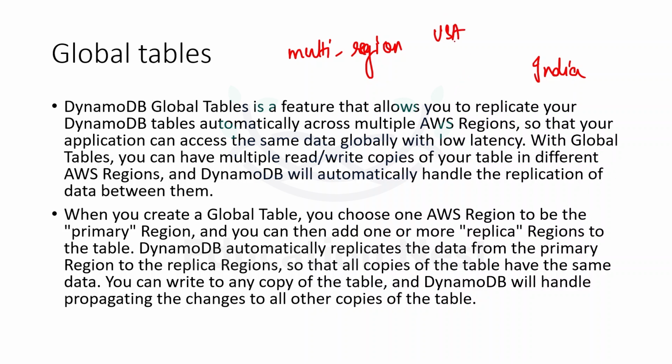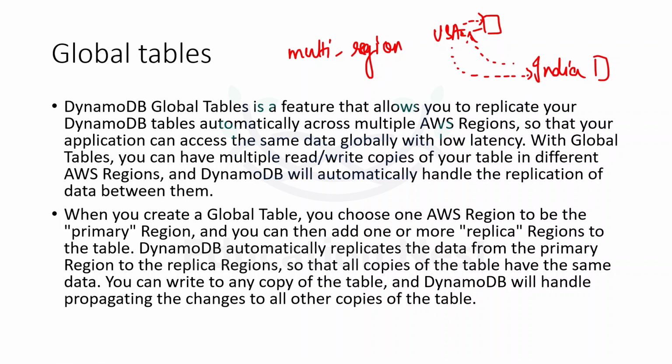So instead of traffic traveling from the USA all the way to India to access that database, what if we have one replica in the US itself? So the round trip time and the latency would reduce drastically.